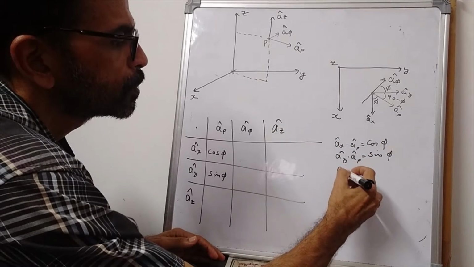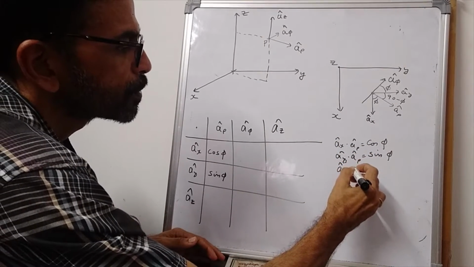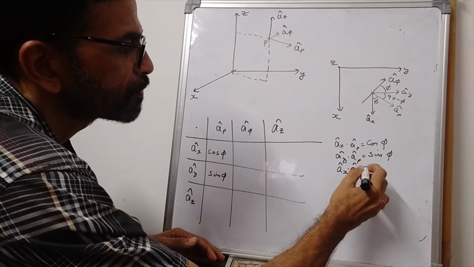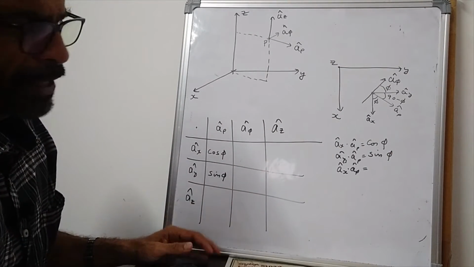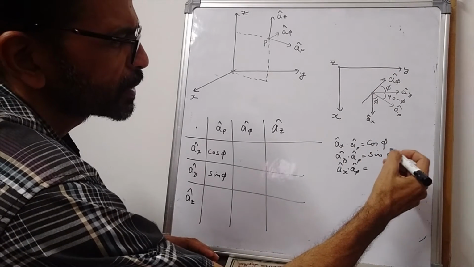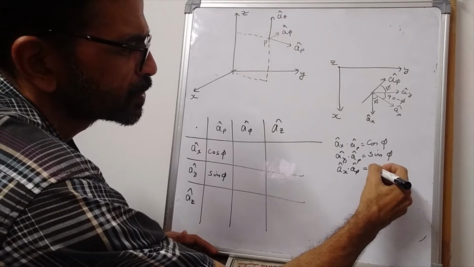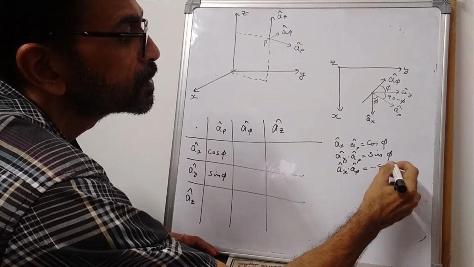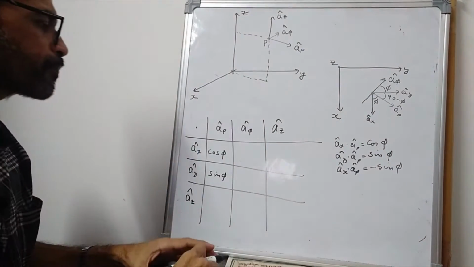So ax cap dot a phi cap is equal to, magnitude is 1 each, so cosine of the angle between them, which is cos(90 plus phi), that gives minus sin phi.